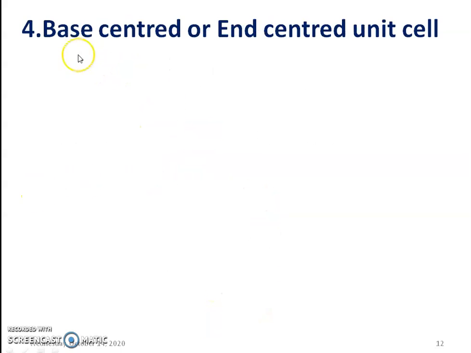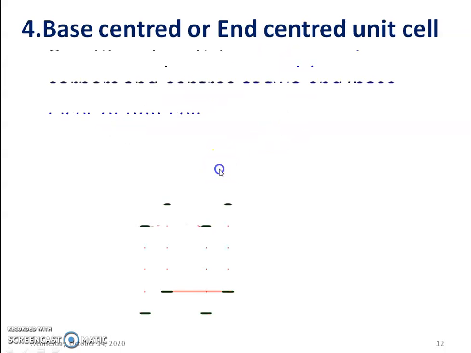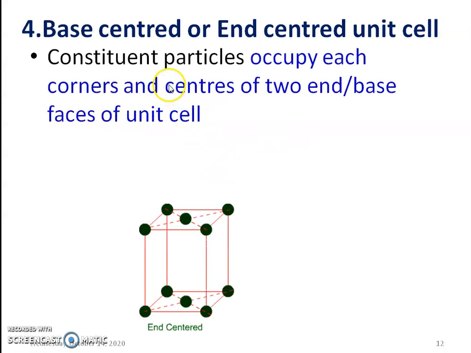And the number of atoms present in a base centered or end centered unit cell. In case of an end centered unit cell, constituent particles occupy the corners and there are 2 atoms which occupy the centers of the end faces. So this is the end centered unit cell.